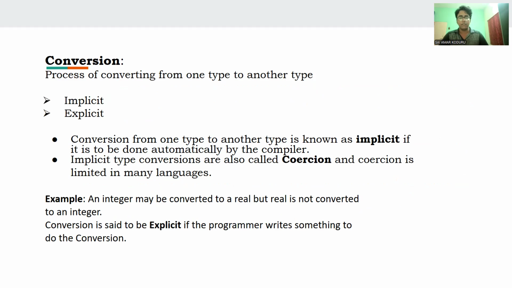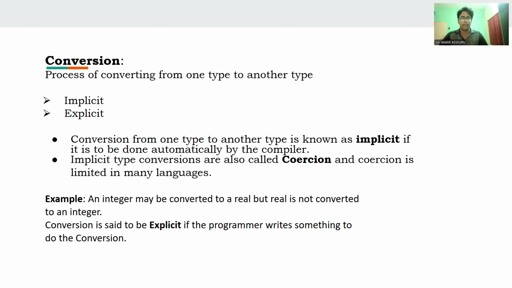Implicit conversion refers to conversion of one type to another type, which is done automatically by the compiler. Implicit type conversions are also called coercion, and this coercion is limited in many languages. The power of this type of conversion is pretty limited.